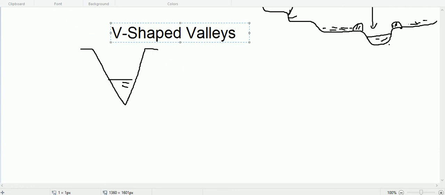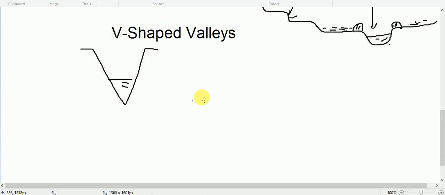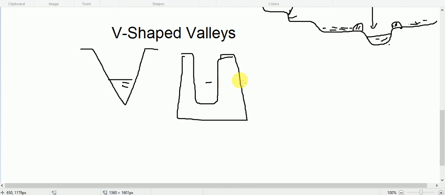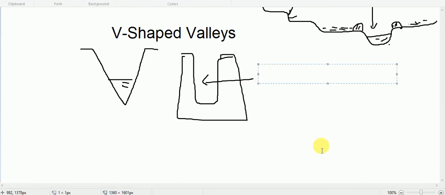And what is the other shape? Any question? The other one I think that you have learned earlier is what? Gorge, right? This is what we call a gorge. This is for the Himalayan rivers.